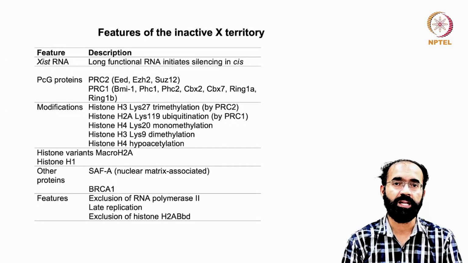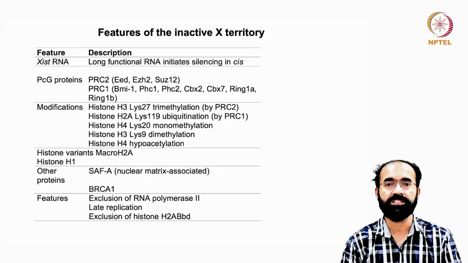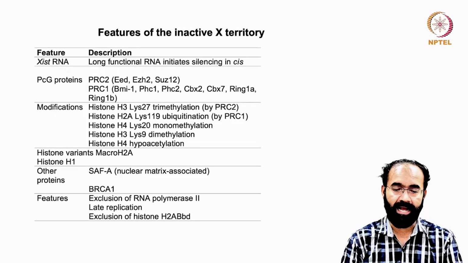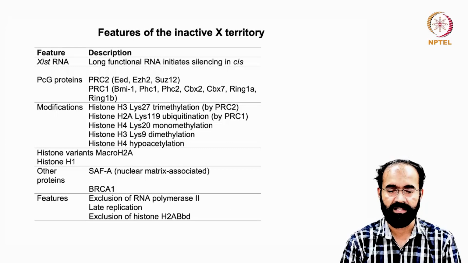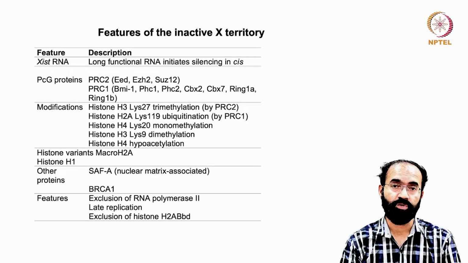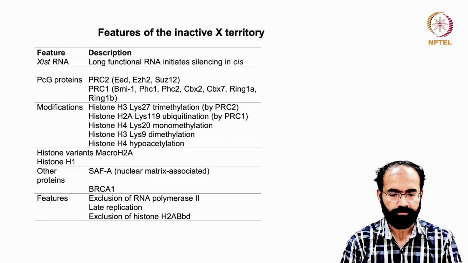Because it replicates very late, once it has just finished replication, there is no quality control machinery that can act on it. So this is what you should keep in mind, and we will see some examples of what implication this late replication has on the mutation rates in the X chromosome.